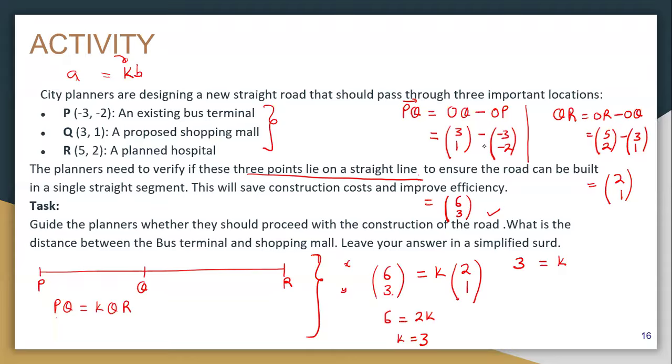Yes, Edward. So I will give my conclusion. The planners should go on with designing the road, given that all of the 3 locations are collinear and therefore the roads cannot meet. Okay, thank you.